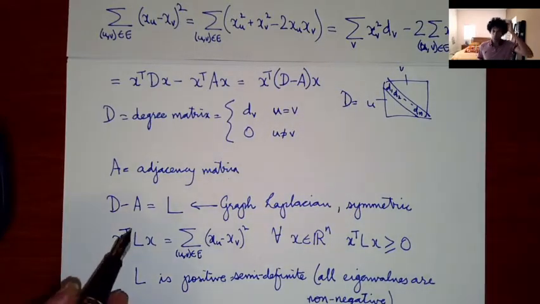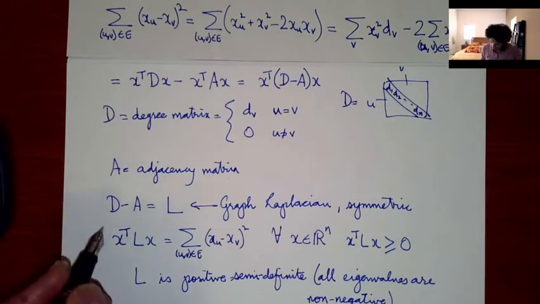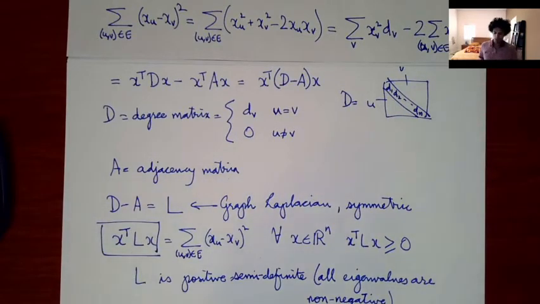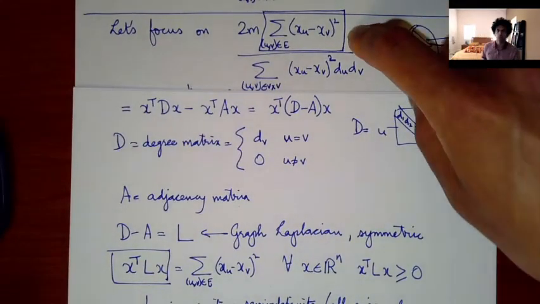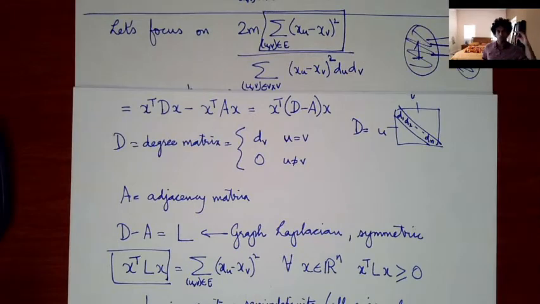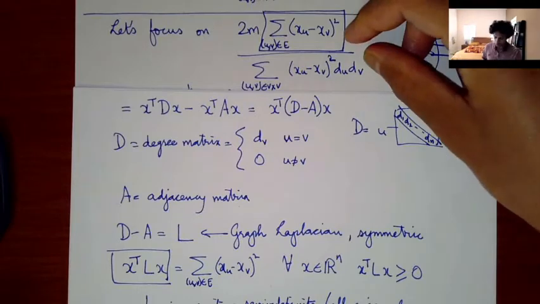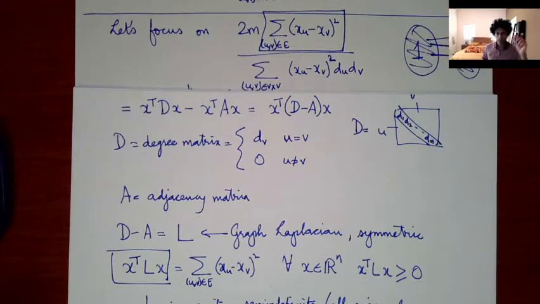So x transpose Lx is precisely the numerator for the sparsest cut quadratic program. It's a quadratic integer program, and in it the numerator is exactly a Rayleigh quotient of the graph Laplacian.